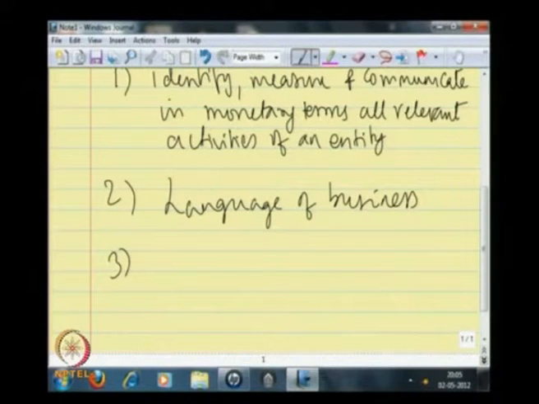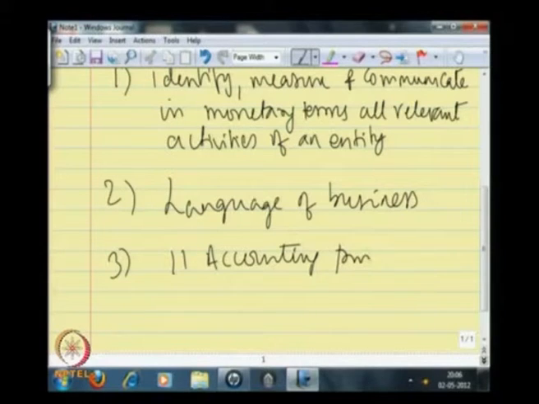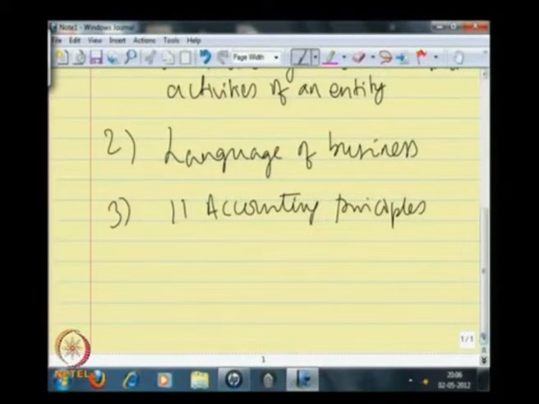So, the language of business or financial accounting has basically 11 accounting principles. And these principles form the underlying basis on which the entire accounting concept rests.